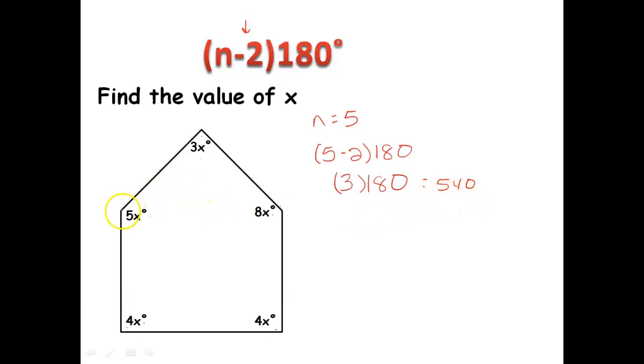So that means this angle, 5x plus 3x plus 8x plus 4x plus 4x equals 540.